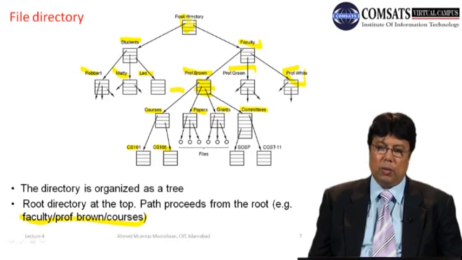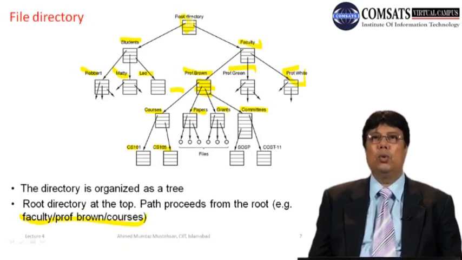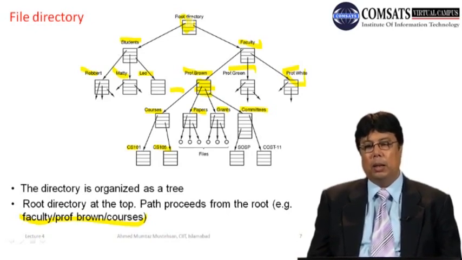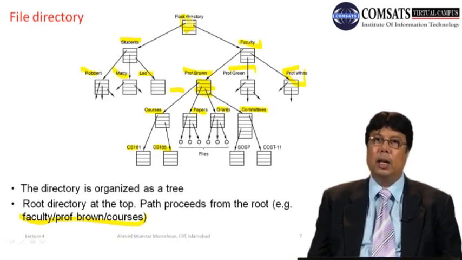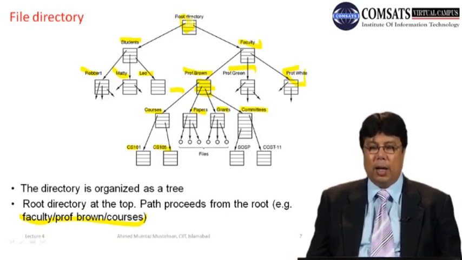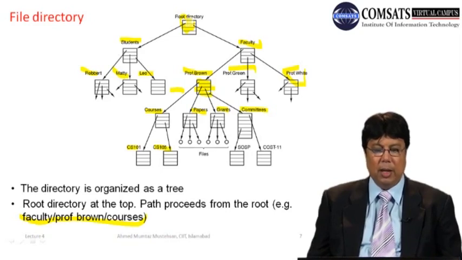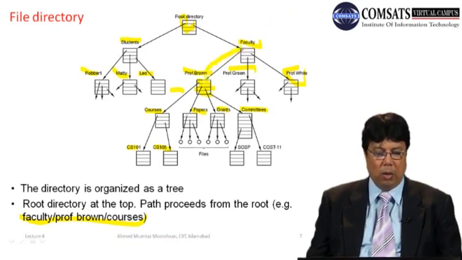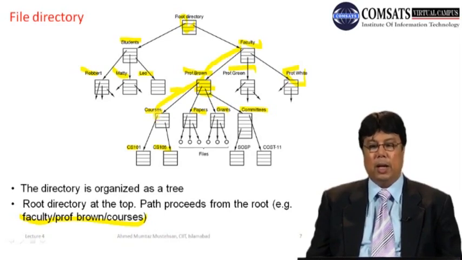Or if you don't want to use the working directory, then you need to provide the absolute path. For the absolute path, for root we use a slash, but since in this particular example the faculty could be the working directory, the faculty slash Professor Brown will traverse from faculty to Professor Brown, then go to courses all the way down, and then you are within the directory of courses.